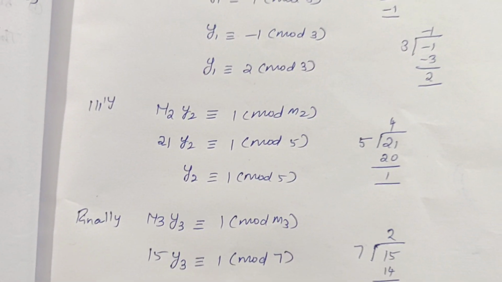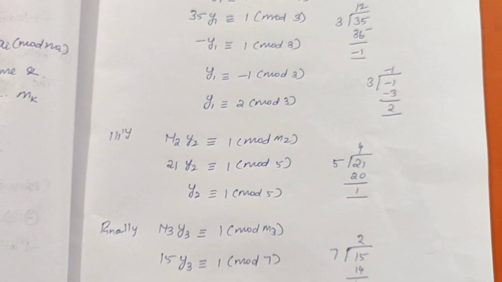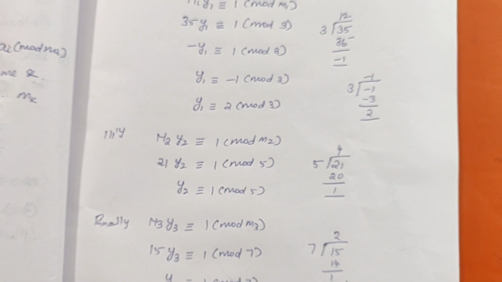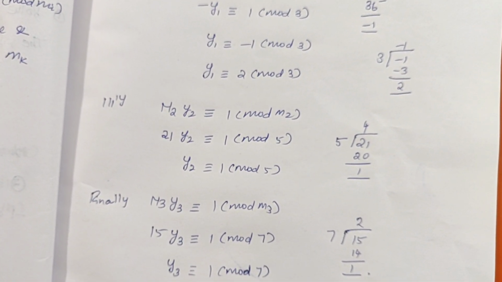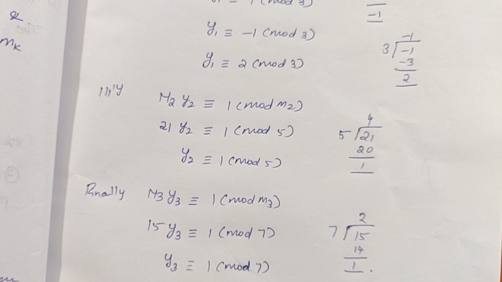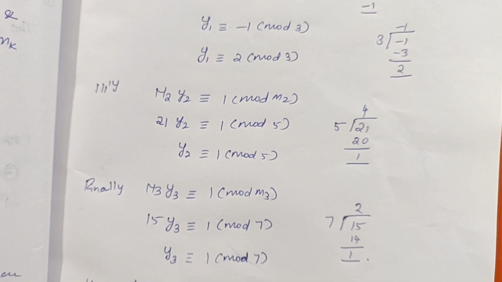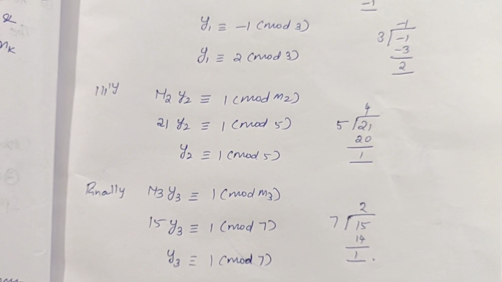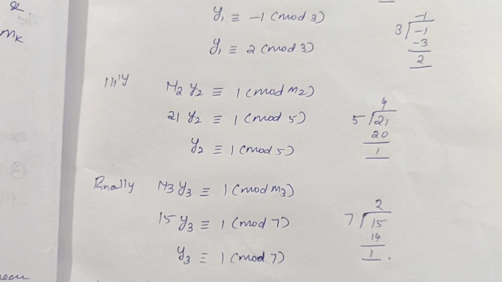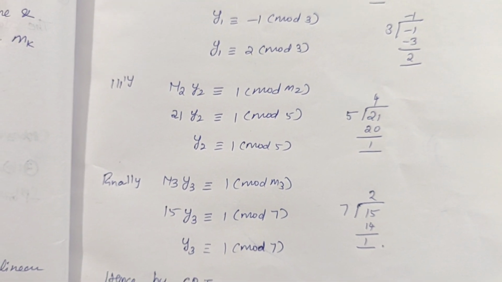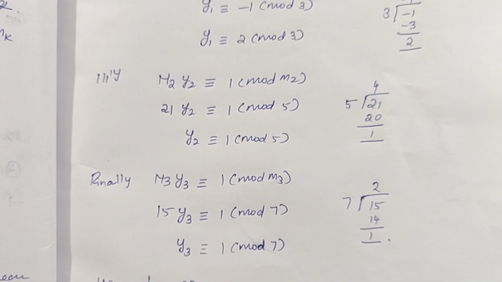So by using this formula, Mi yi is congruent to 1 mod mi, I found the value of y1 is equal to 2, y2 is equal to 1 and y3 is equal to 1.